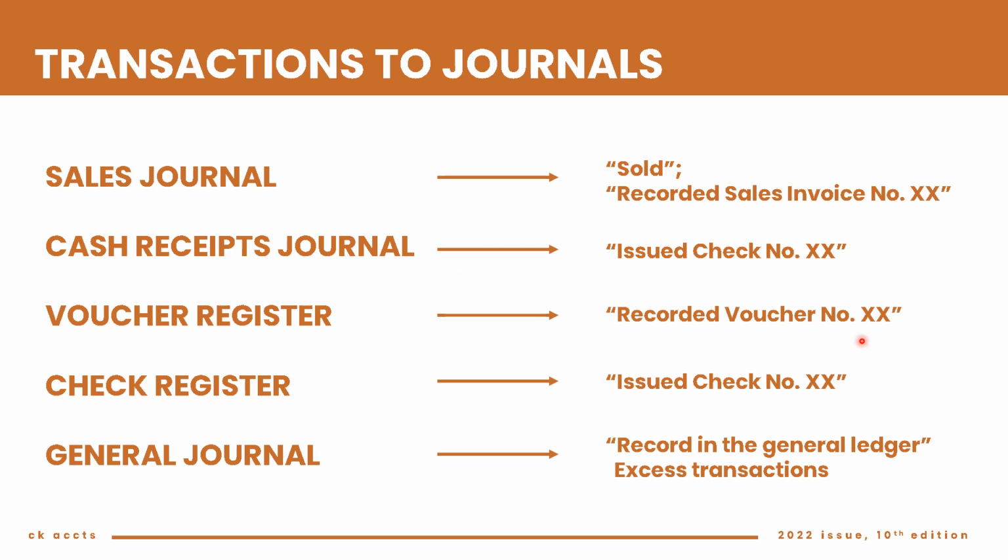Then, for the recorded voucher number na phrase, for the transactions sa voucher register, issued check number XX for the check register, and record in the general journal, or kaya yung mga excess transactions, yung mga transactions na hindi natin nailagay dito sa first 4 types of special journals, sa general journal natin siya nilalagay. Okay? So, yan yung palatandaan, yung mabilis lang na palatandaan para ma-identify natin kung ano ba yung mga transactions na dapat i-record for a certain type of journal.